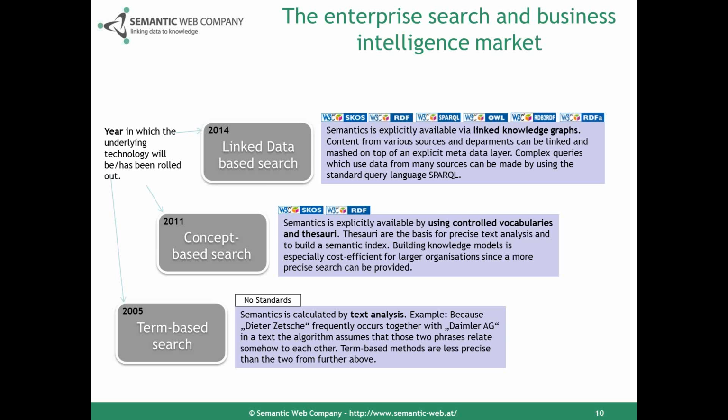But it's a big difference between this kind of semantic term-based search and the concept-based semantic search, because as I tried to explain just before, you can do your queries in a much more precise way if you have a concept-based knowledge model in the background.